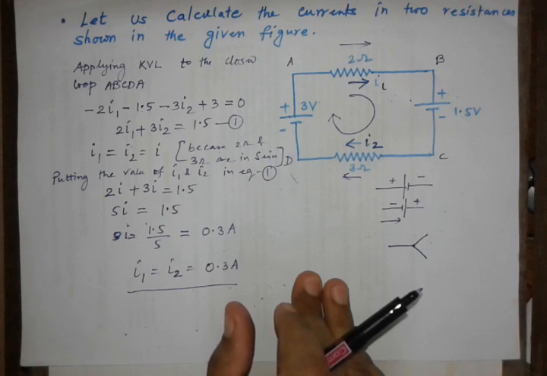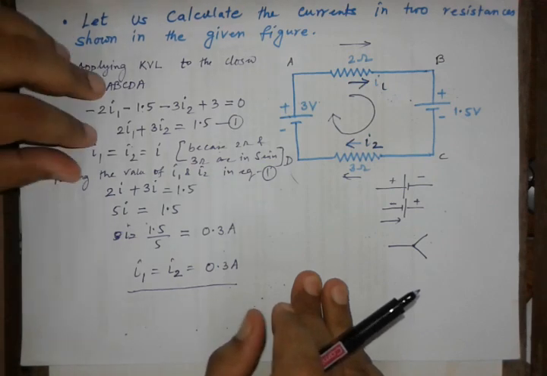In this case, the negative sign with the current simply shows that the current flows in the direction opposite to the assigned direction in the given figure. Understand? If the current is negative, then it is going in the opposite direction.